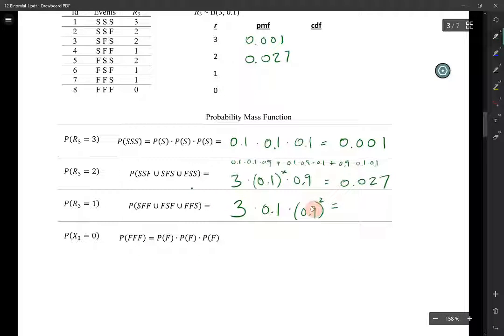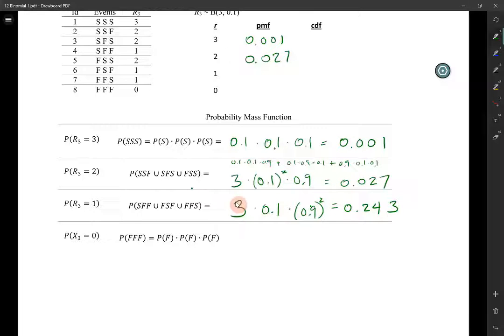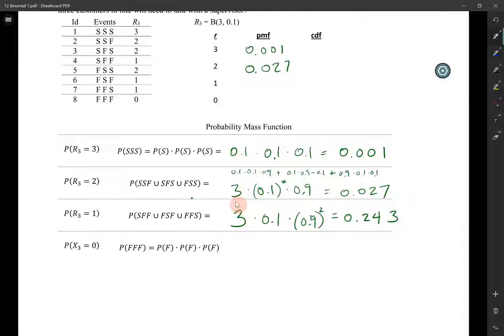So this is 9 squared, so 81, 0.081, and then we multiply it by 0.1, so that's 0.081, and then we times it by 3, so that comes out to be 0.243.